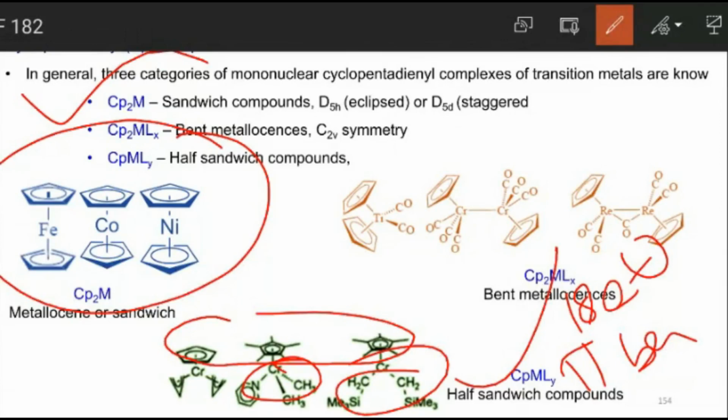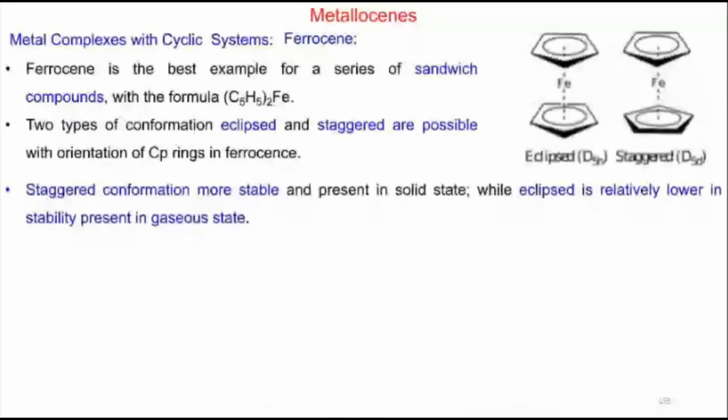And third, only one CP ring will be there. Only for the sandwich compound, the first category, we need to follow the third concept. Whereas for the bent metallocene and the half sandwich compound, we always need to consider only the 18 electron rule and pi back bonding. We can treat them normally like a simple organic compound. But for the sandwich compound, your approach should be different. You take it in terms of the molecular orbital approach.